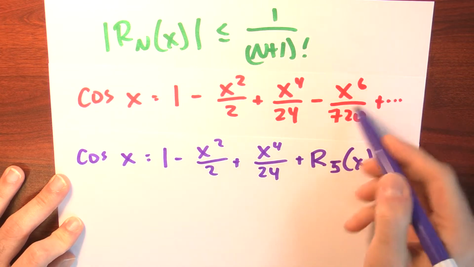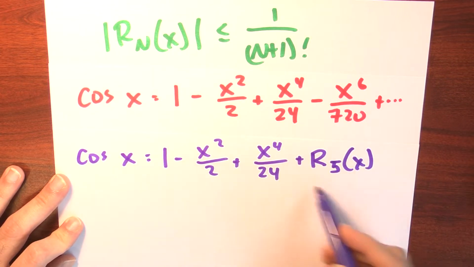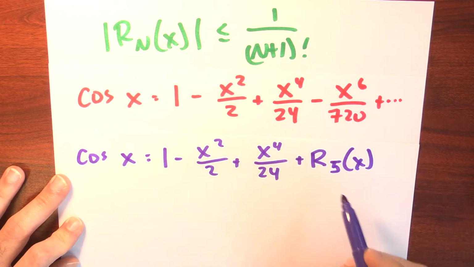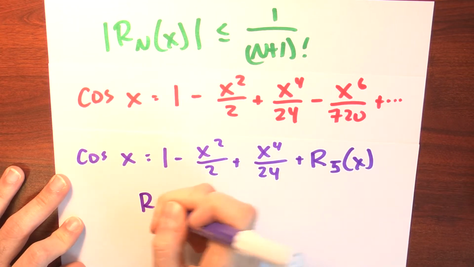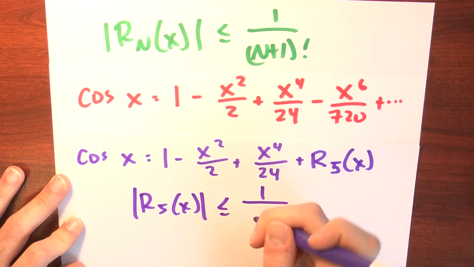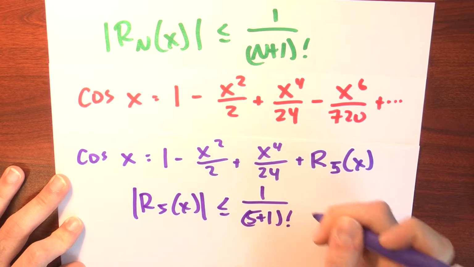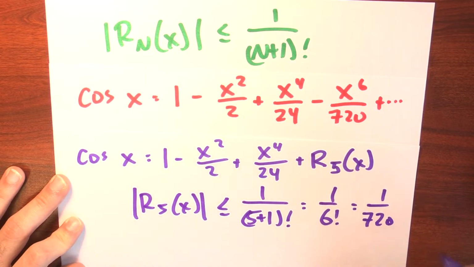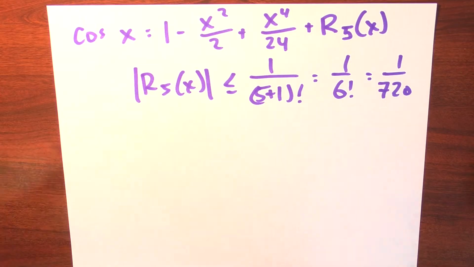The next term is actually x to the 6th. All right, and then I know something about how big this remainder term is. It's estimated right up here. So what do I know about R sub 5? Well, R sub 5 of x is no bigger than 1 over 5 plus 1 factorial. That's 1 over 6 factorial. That's 1 over 720.